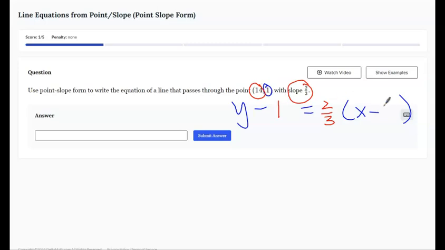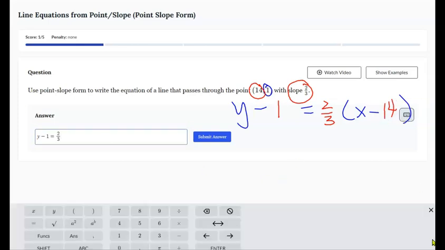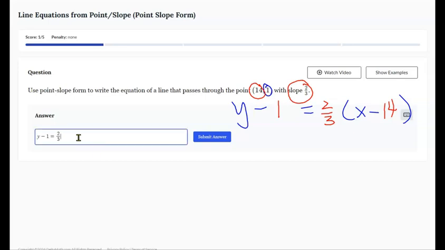This is an x coordinate. It goes there. If there are no double signs, you can simply type that response in the answer box in the exact order that you have it there on your scrap paper. To type a fraction, you can use the virtual keypad over here, or you can use the division button on your keyboard.